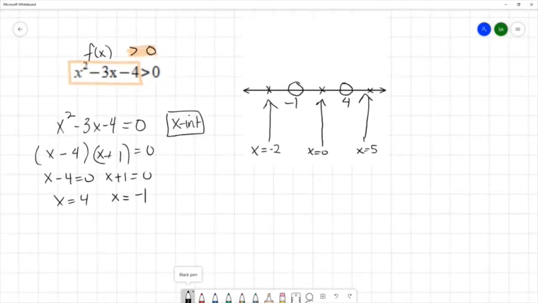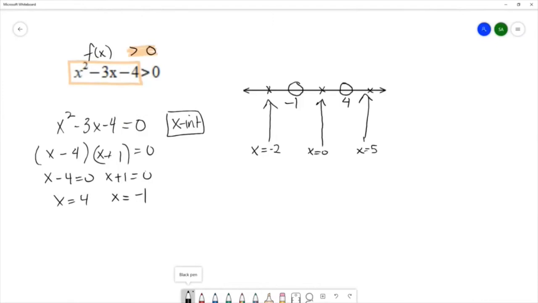And I'm testing these values in my quadratic. So let me test each one of them. I'm testing an x of negative 2, 0, and 5 in my quadratic. That's negative 2 squared minus 3 times negative 2 minus 4.